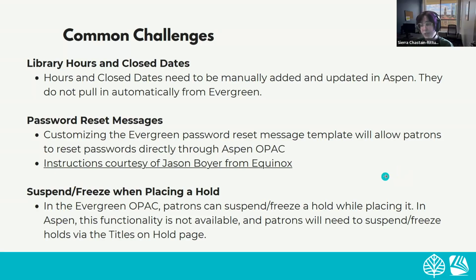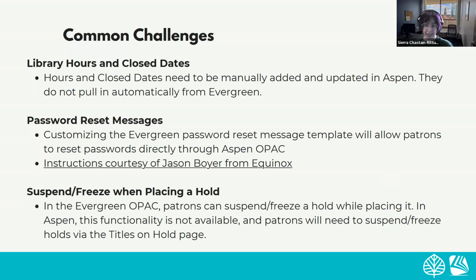And then the last thing that we struggle with a lot, and this is, I think, because we moved from the Evergreen OPAC to Aspen, but in the Evergreen OPAC, patrons were able to suspend or freeze a hold, depending on what lingo you use, when they were placing the hold. So they could request the new Kristen Hannah book and then say, I don't actually want that for 6 months. In Aspen, they need to place the hold and then navigate to titles on hold to suspend it.